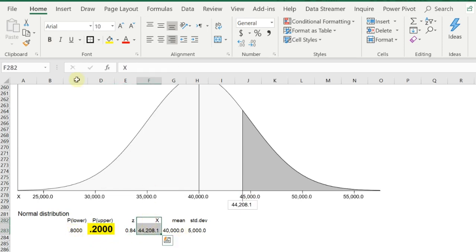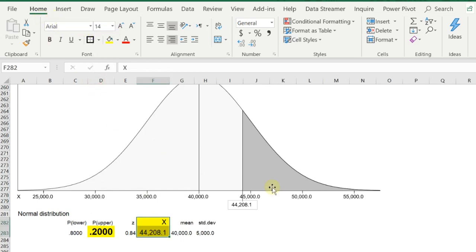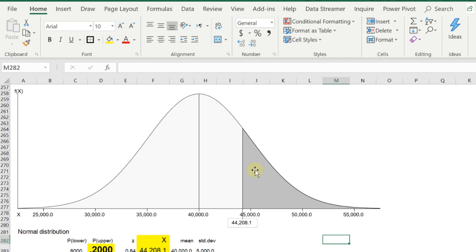So the answer to this exercise is that. And there you have it. $44,208.10. I looked at the graph, and there you can see clearly 20% more than that are going to earn that $1,000 bonus.